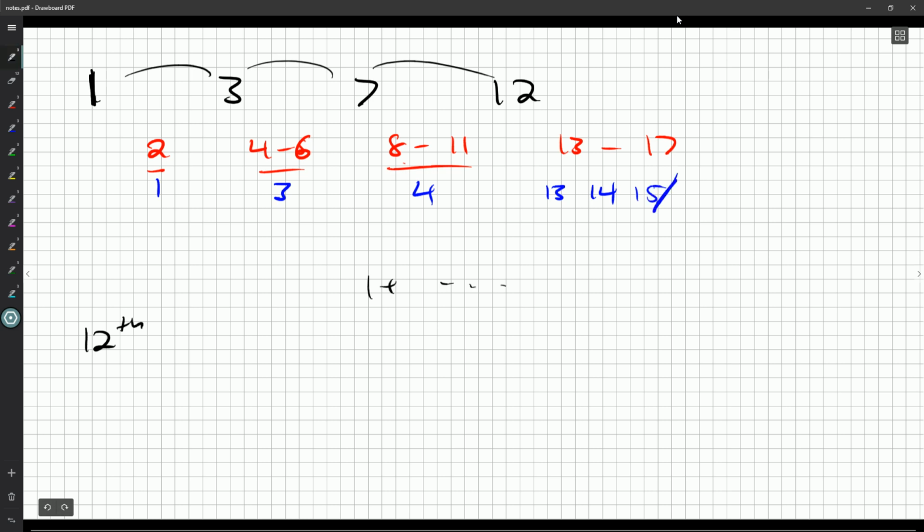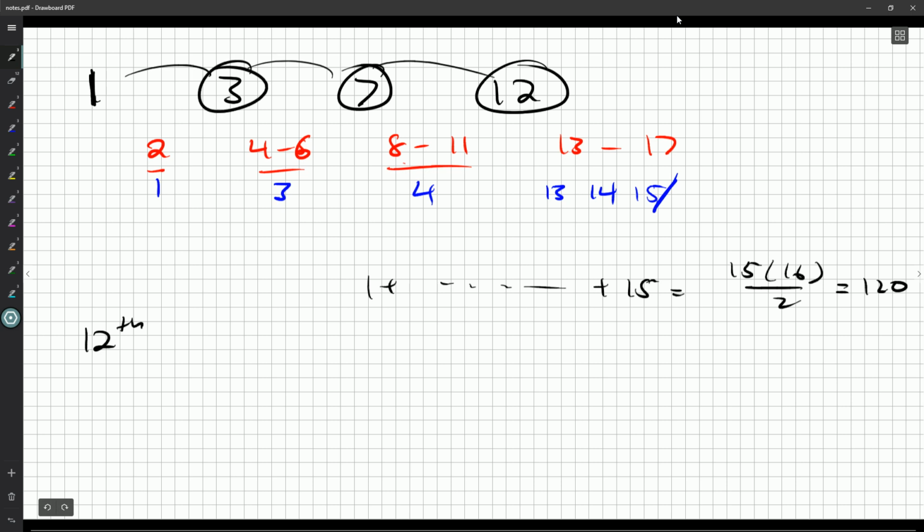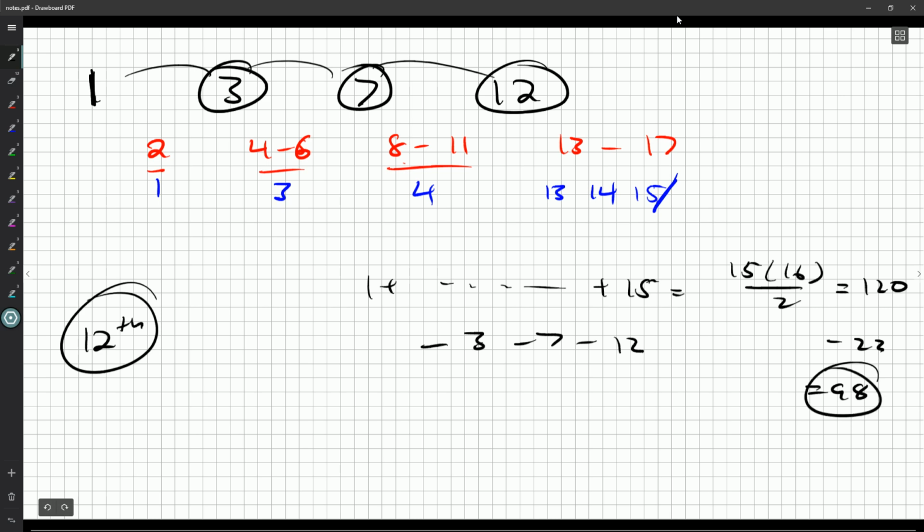So we do 1 plus all the numbers up to 15, which we've got a formula for. Get 120, and then remove the GEB sequence terms from that count. So minus 3, minus 7, minus 12. So that'll be minus 22. And so I predict that the 12th GEB sequence term is 98.